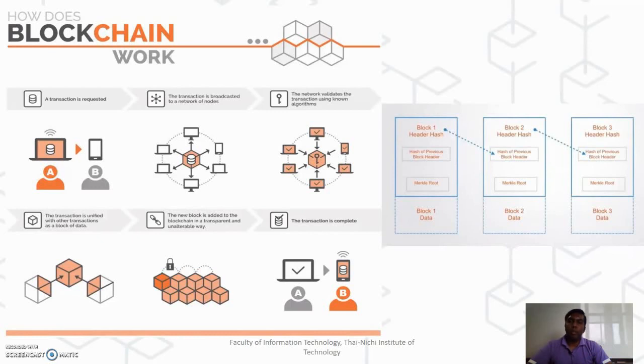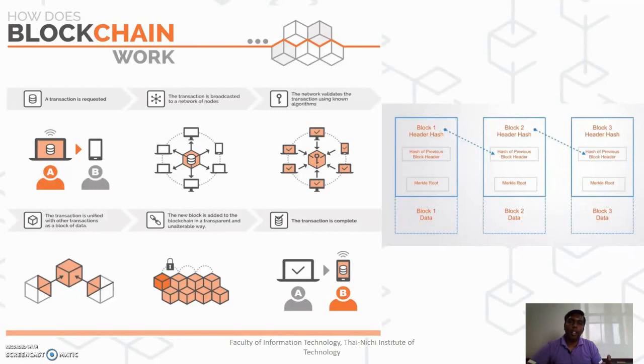But in blockchain, before getting stored into a database, the transaction is sent to a particular set of nodes in the network. If the node performing the transaction is connected to 100 users or 100 of its peers, it sends that transaction to all 100 peers.